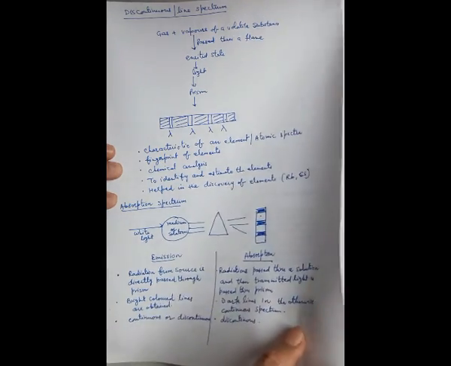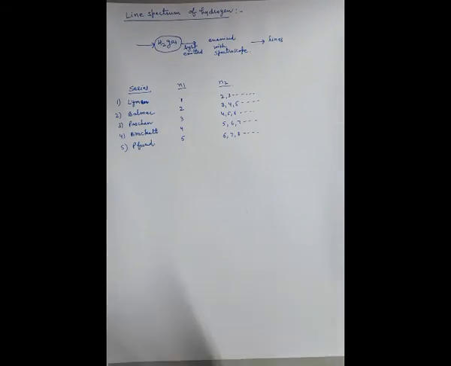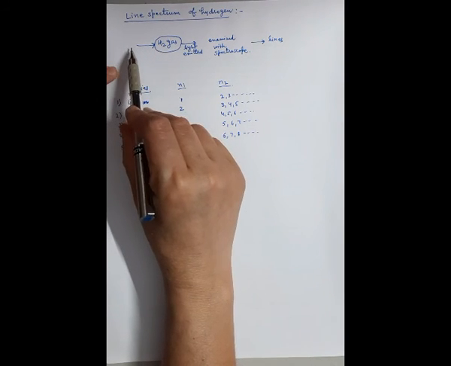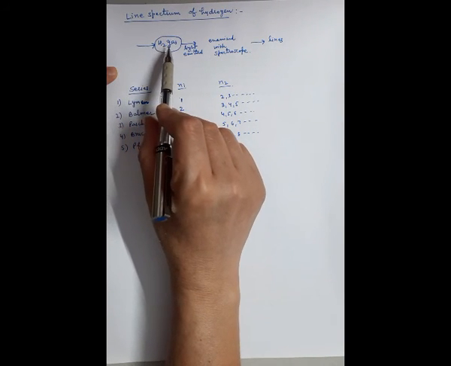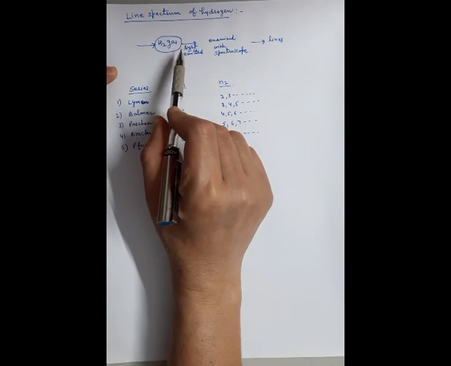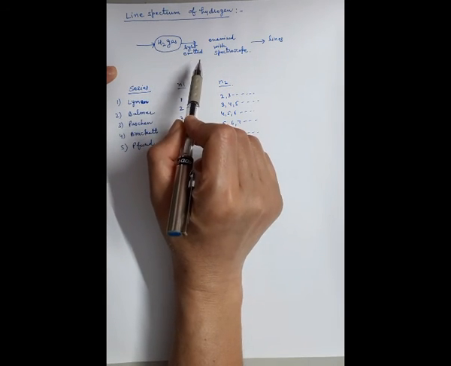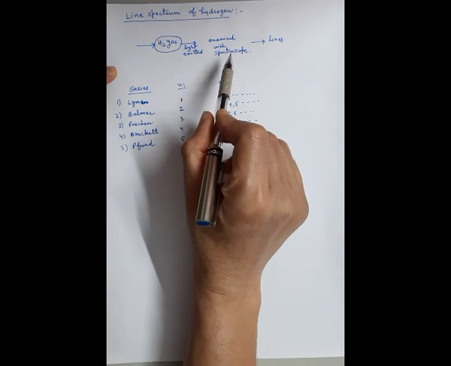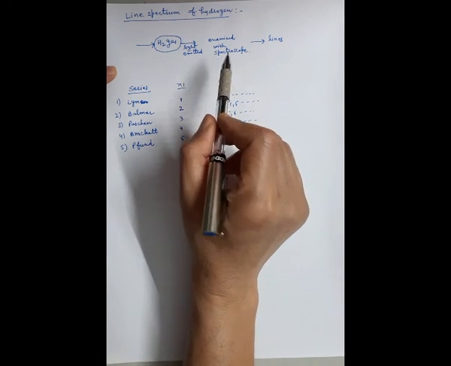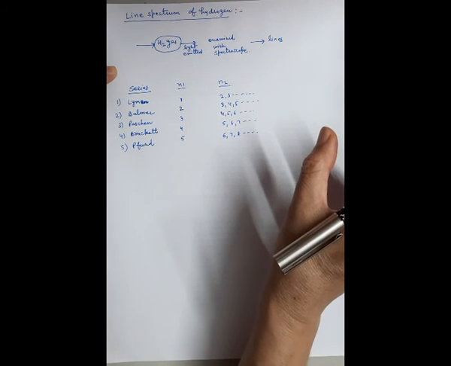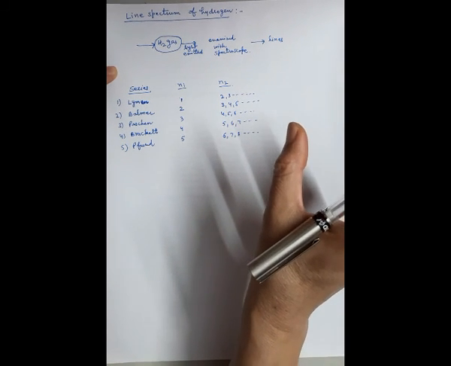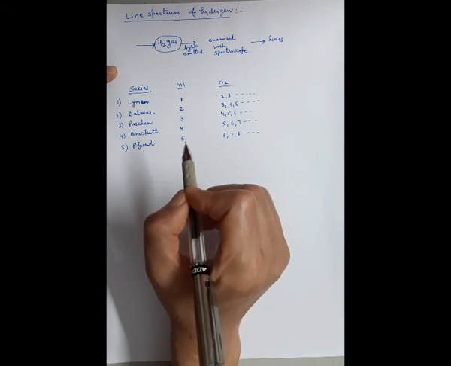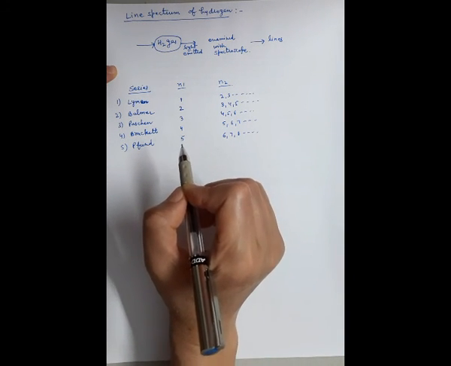And then we discussed the line spectrum of hydrogen. Children, in the line spectrum, when an electric discharge is passed through hydrogen gas, it dissociates into two hydrogen atoms and some light is emitted. This emitted light is analyzed through a spectroscope and many lines are obtained. All these lines are grouped together based on the lowermost level of the shell in which electrons are placed.